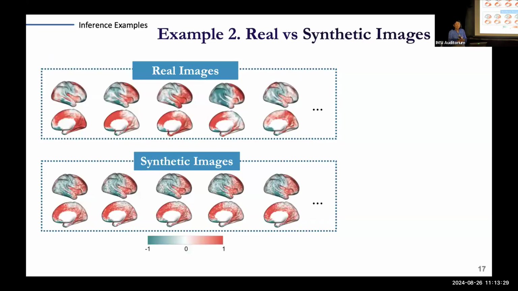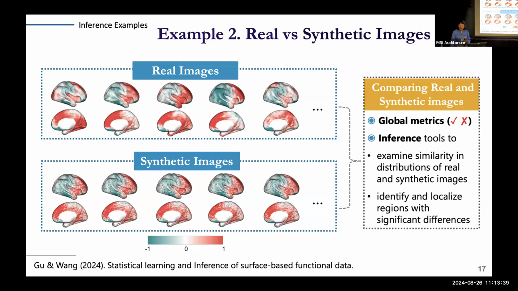And the second example I'm going to show you is how to compare real and synthetic images using statistical inference. You may ask, why don't you use global metrics such as FID and Wasserstein distance? These are very good, very helpful metrics.